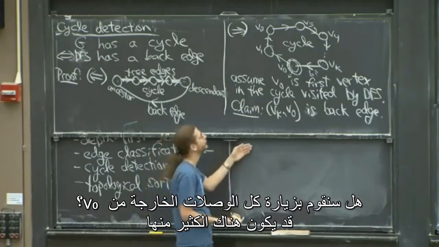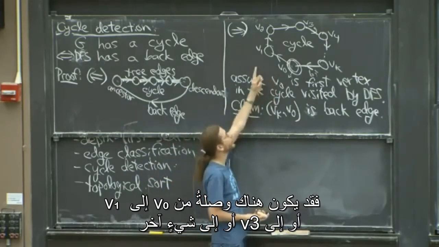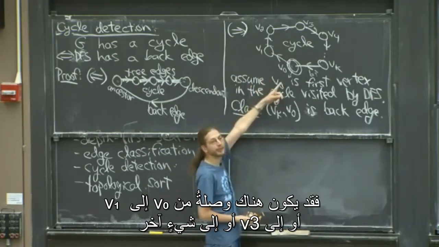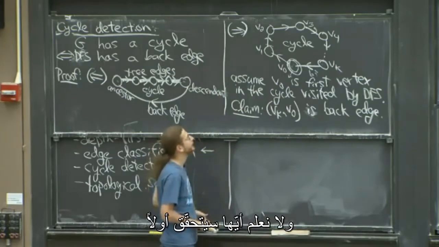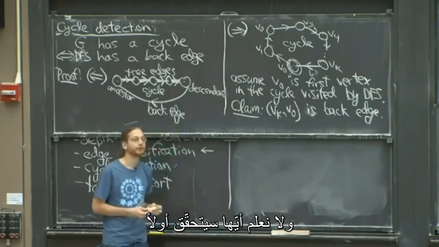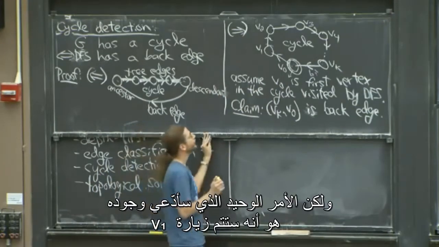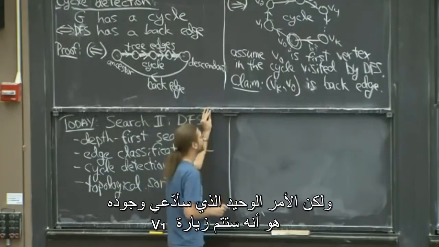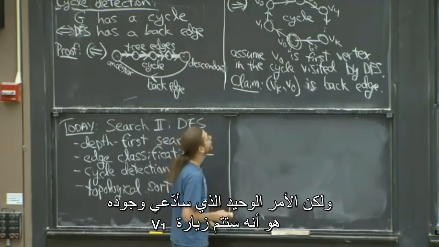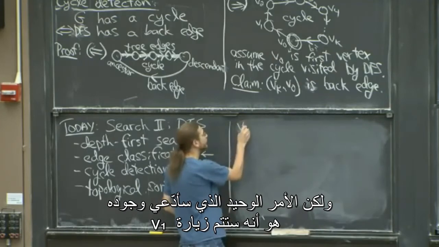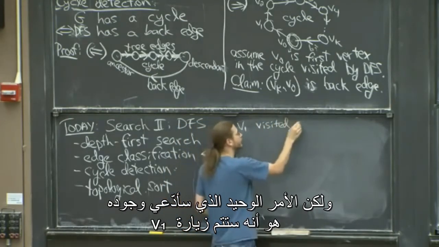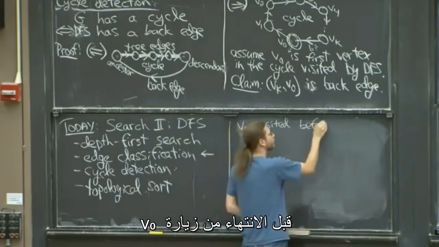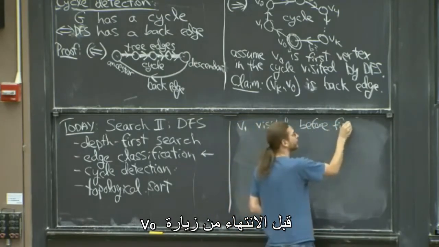There might be many of them. Could be an edge from v0 to v1. Could be an edge from v0 to v3. Could be an edge from v0 to something else. We don't know which one's going to happen first. But the one thing I can claim is that v1 will be visited before we finish visiting v0.